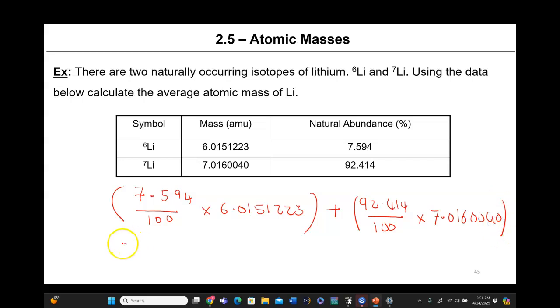And when we put that into a calculator, we get the mass of an average lithium atom in AMU, and it should look like what the number is in the periodic table.